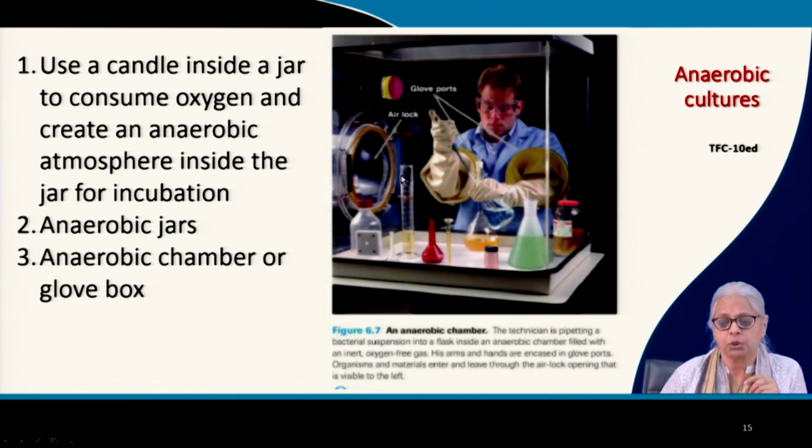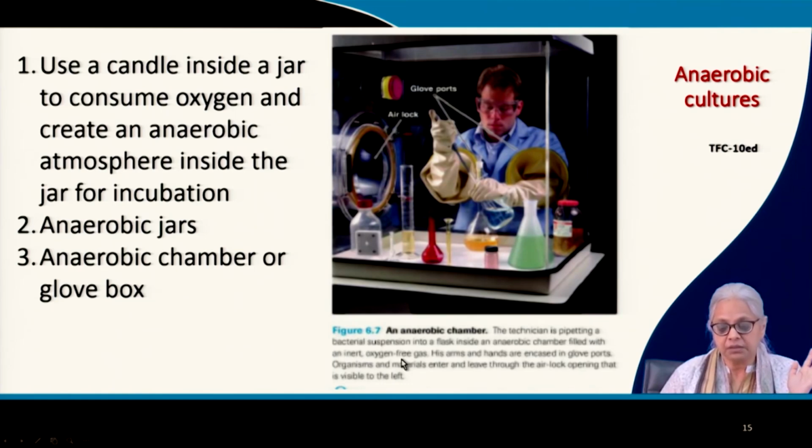So this is the glove box or chamber in which all the materials have been placed. All the air from the glove box is then withdrawn through the airlock. As the air is withdrawn, nitrogen gas is added to the glove box. So it remains inflated, but now it has a nitrogen atmosphere. There is no oxygen, because anaerobic means no oxygen, and nitrogen gas is inert.